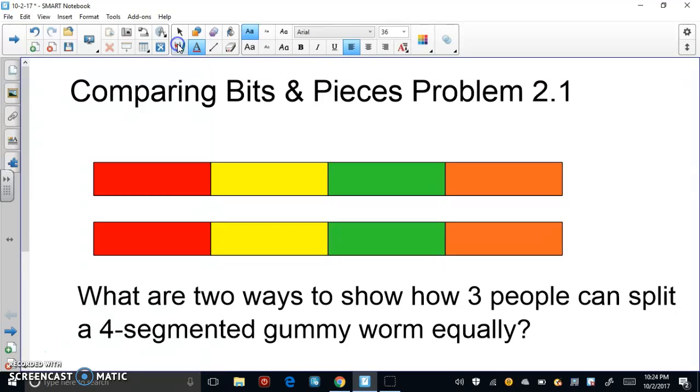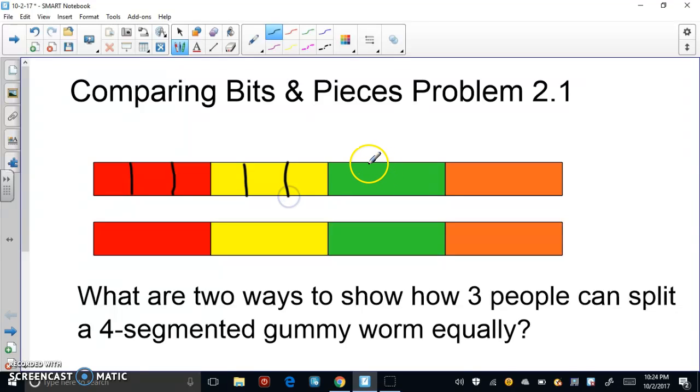Alright, one way that we could do this that we talked about in class today was we can take each one of these fourths and cut each one of the fourths into thirds. Now we'll pretend like my lines are straight and this is perfectly even.